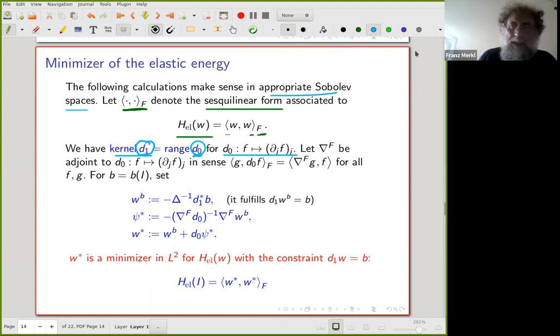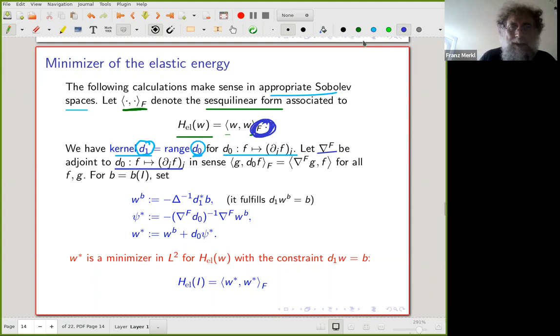And now let me denote by nabla f the adjoint of the gradient operator, but with respect to this sesquilinear form, where we use this quadratic form rather than the ordinary Euclidean scalar product.